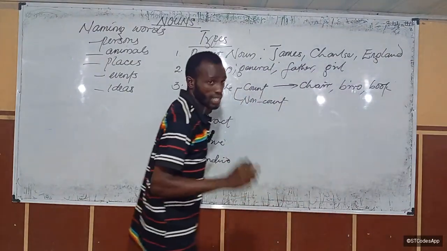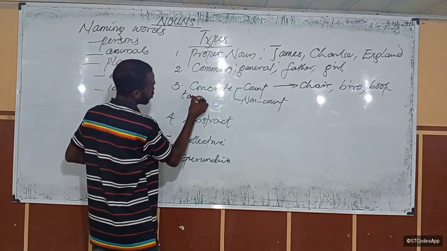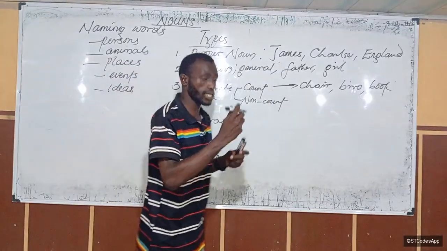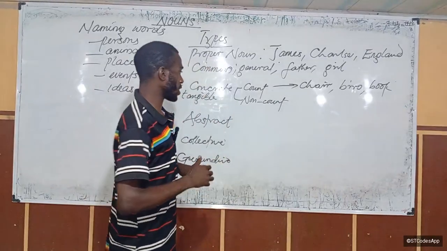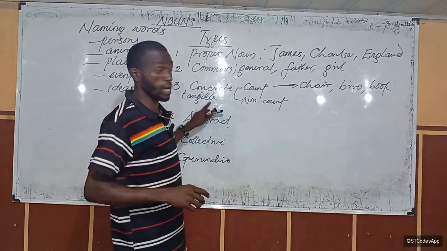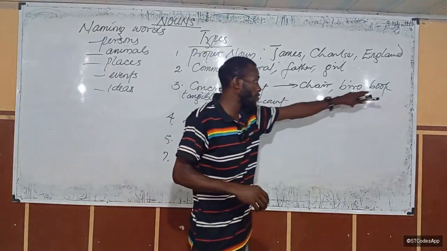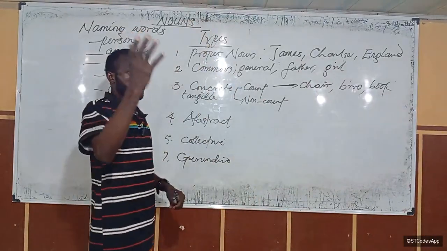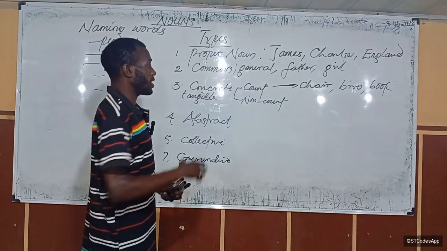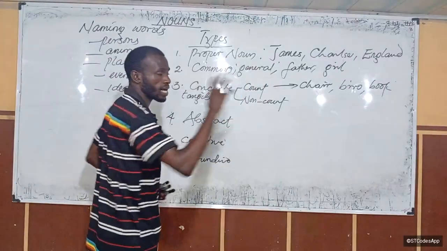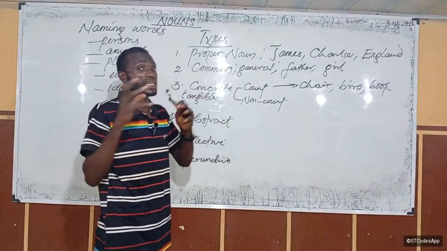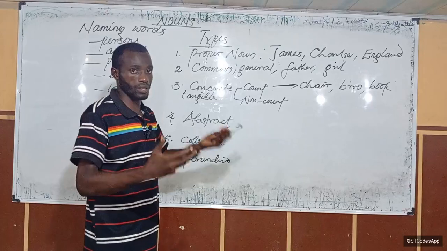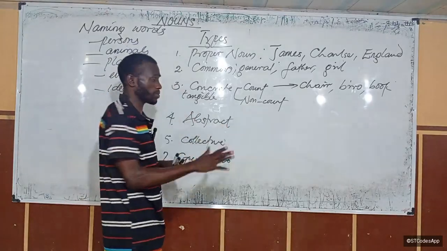Basically, concrete nouns are nouns that are tangible, that you can touch, you can see, you can feel. So examples: chair, biro, marker, book, board, ceiling, the phone, the bulb, and all of those things. They are all count nouns because they can be counted. And they are all tangible because we can see them, touch them. Tangible simply means we can touch.